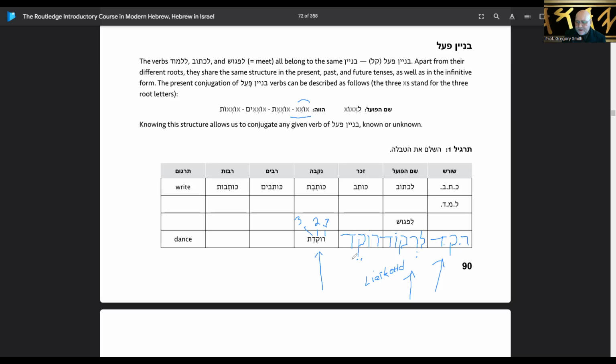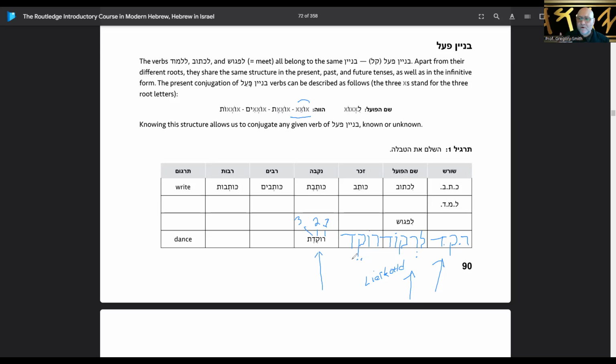So let's put that in here and see if that's what we get. Ani roked. It's probably roked. אני רוקד. Yeah, ani roked.